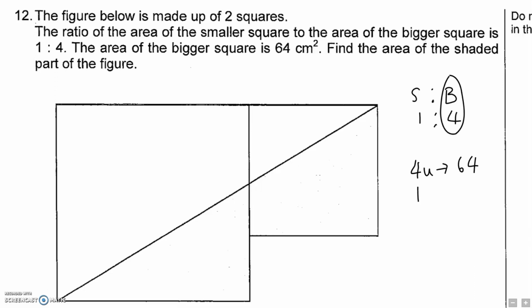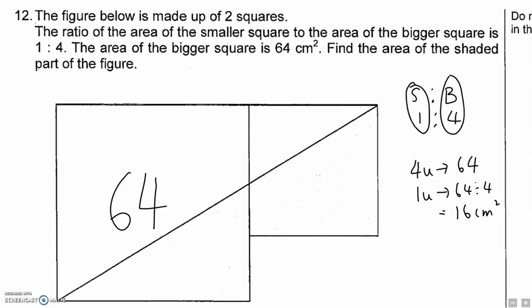Okay, 1 unit, common sense, 64 divided by 4 is going to give you 16 square centimeters. So we have got the area of the bigger one, which is 64, and the smaller square, which is just 1 unit, and is 16. So these are areas, by the way.